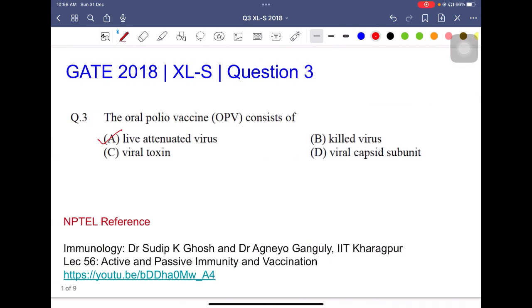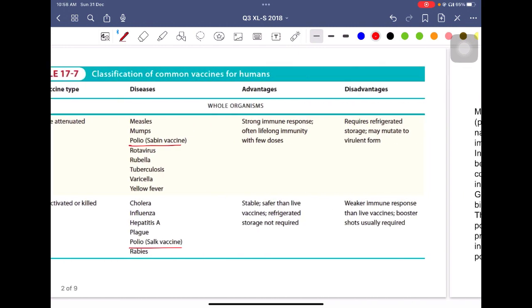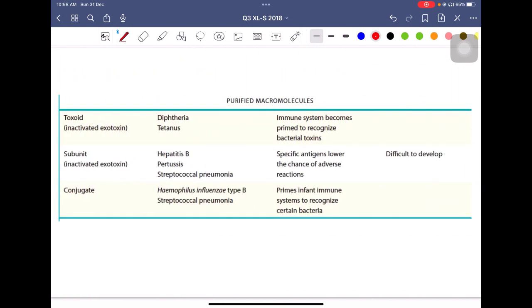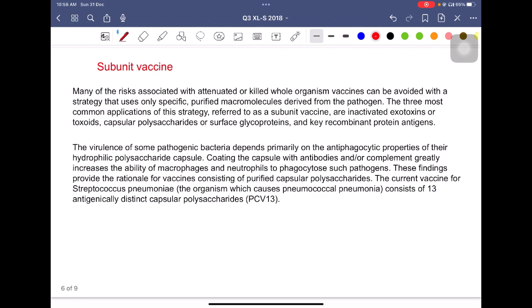Now I would like to discuss a little bit about the other types of vaccines as well. For example, there are some purified macromolecules that can also be used for producing vaccines, like toxoid, subunit vaccine, and conjugate vaccine. So first of all, let us talk about the subunit vaccine.